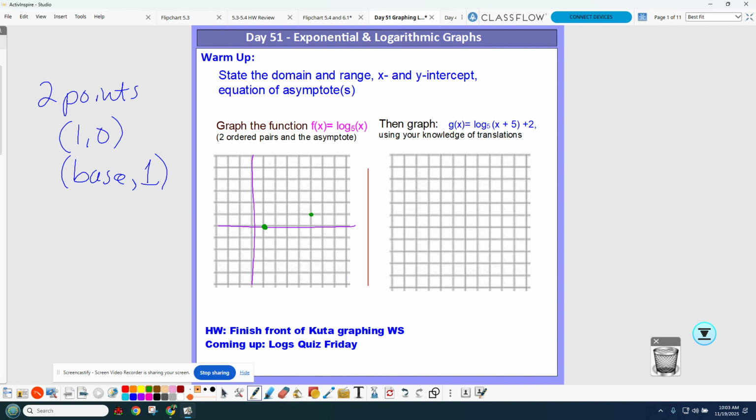It's x equals 0, right? So the vertical asymptote is going to be whenever that argument, that stuff in the parentheses, is 0. So the things that you need correct on the graph, the vertical asymptote and those 2 coordinates. And then you got to kind of get the shape right.